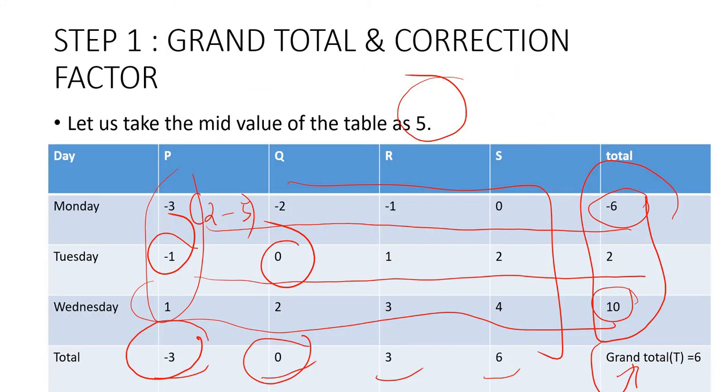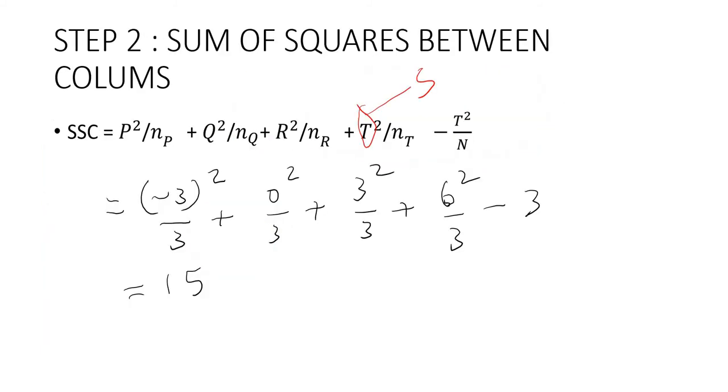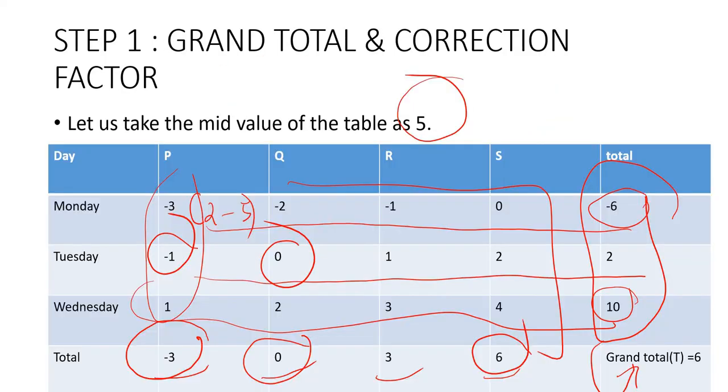What is S square? You can see here it is 6. So you can write it as 6 square by 3 minus T square by N. What is T in the table? You can see the grand total is T. T is 6, the grand total is denoted by T and it is 6.